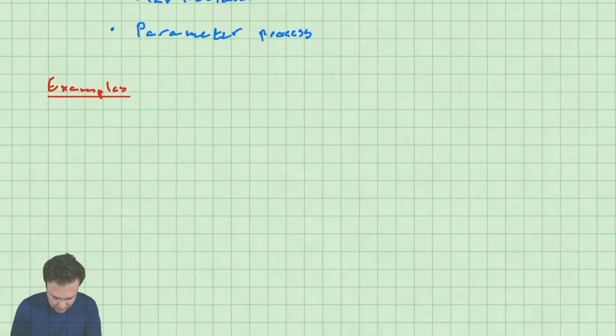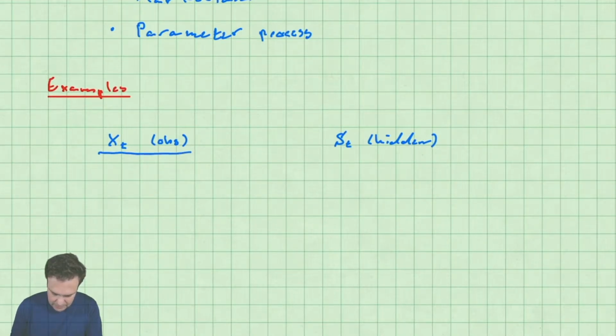The observed is x sub t, and the hidden is s sub t. We're just going to make a collection of ideas, really. We're not going to work these out in detail, but just to see what kind of things you might pair together.